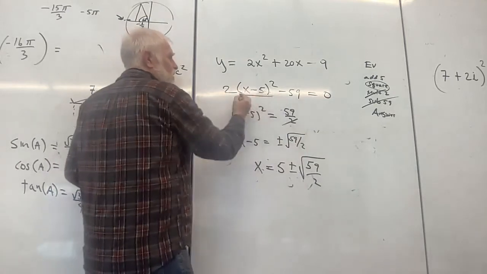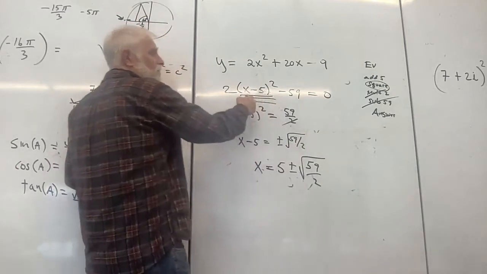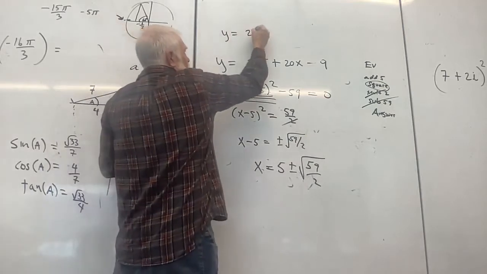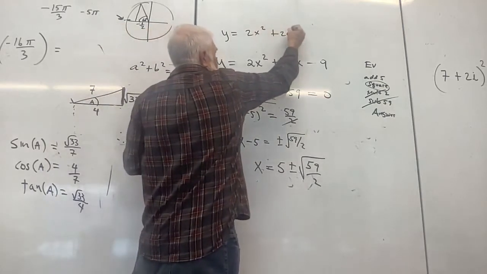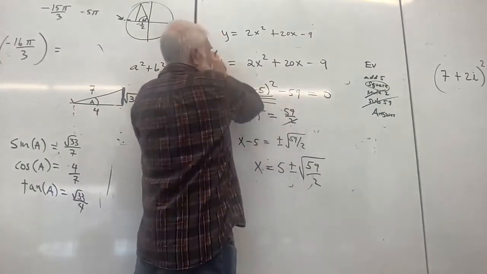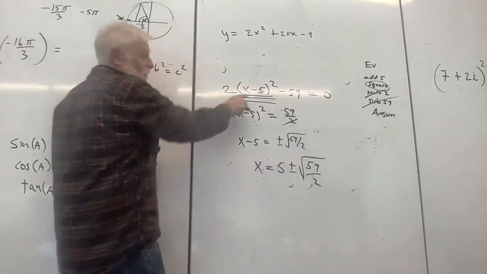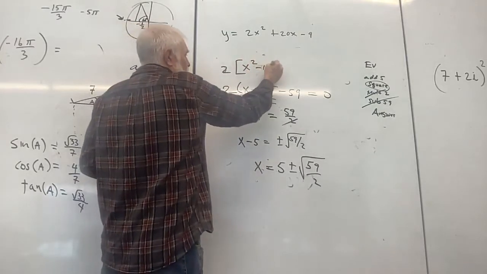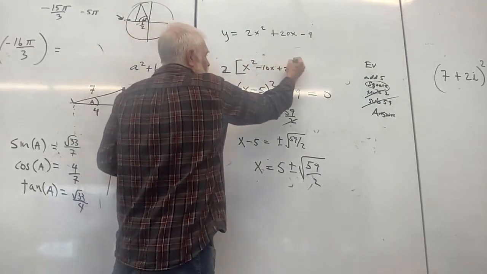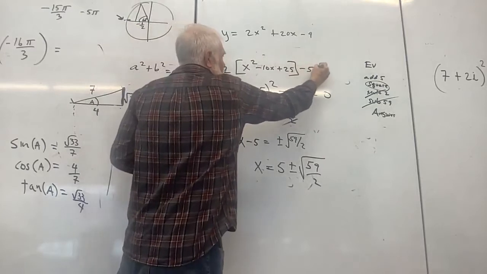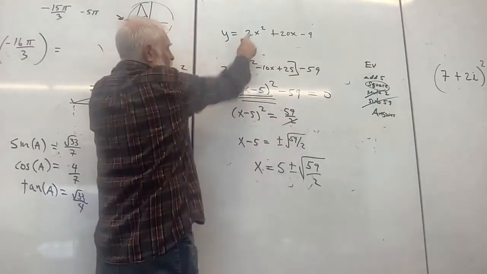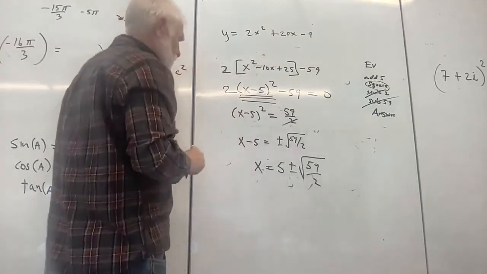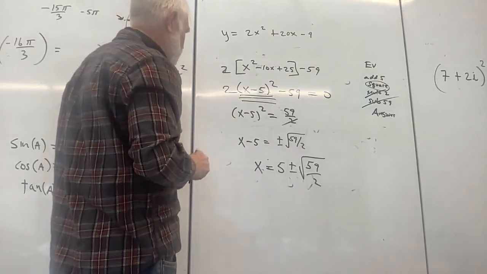Now, we worked on binomial squaring. So let me move this up higher. 2x squared plus 20x minus 9. You square that, you should be able to see where x squared minus 10x plus 25 is coming from. We can certainly see 2x squared. We can certainly see, wait a minute, I made a sign error. Where did I make my sign error?